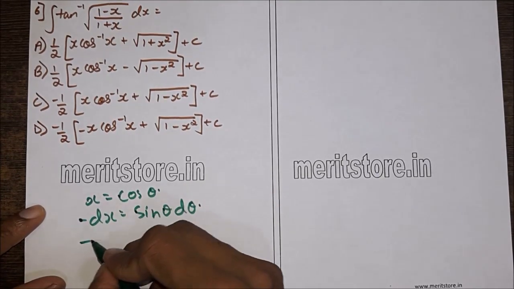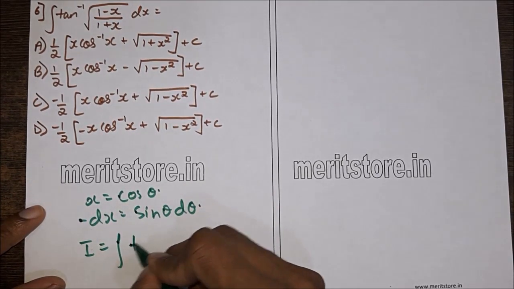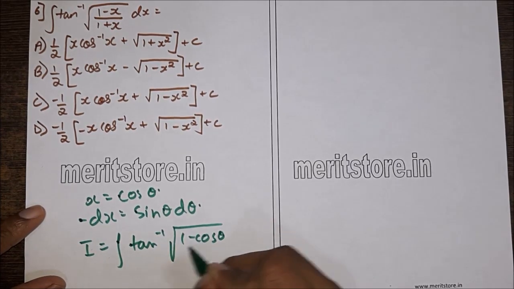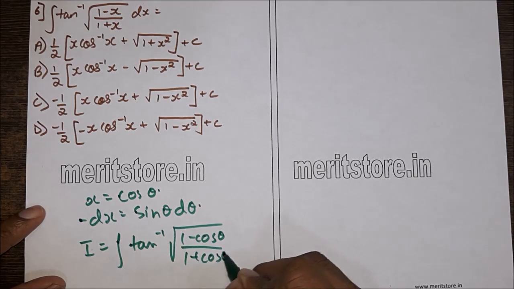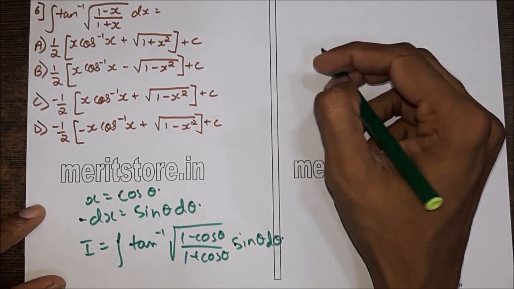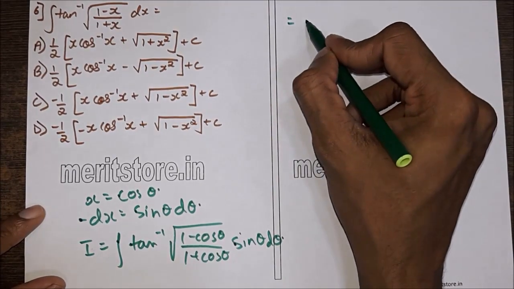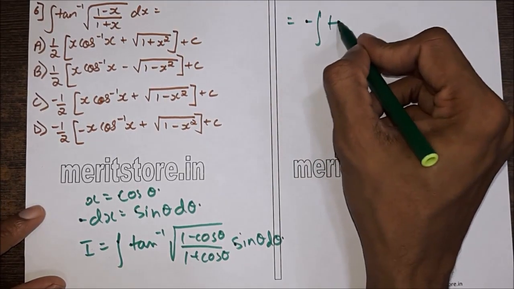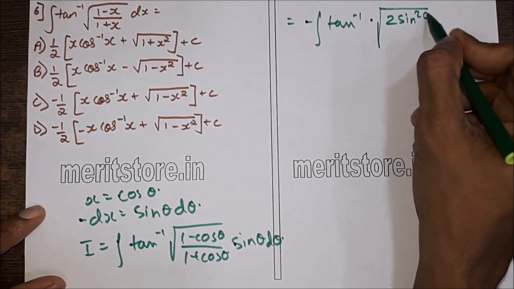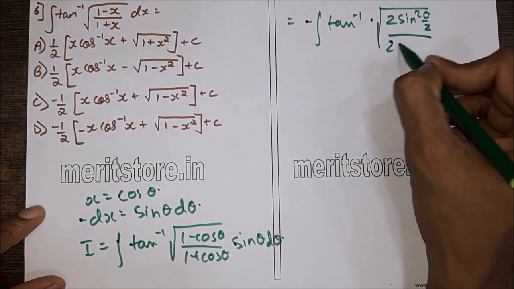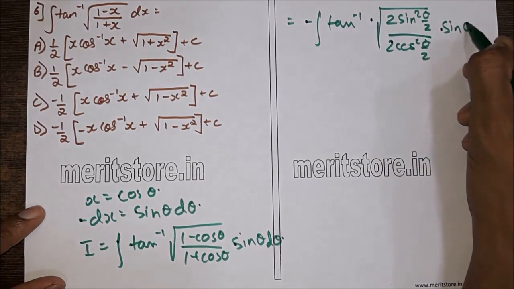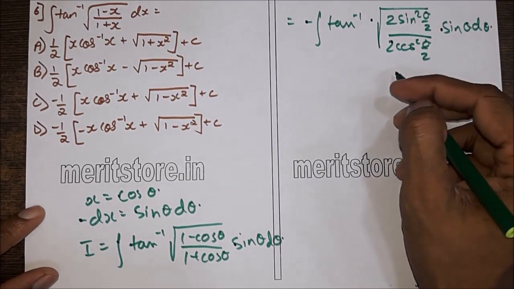If we substitute this, we get I equal to integral of tan inverse under root of (1 minus cos theta upon 1 plus cos theta) into sin theta d theta. We take this equal to minus integral of tan inverse under root of (2 sin square theta by 2 upon 2 cos square theta by 2) into sin theta d theta.